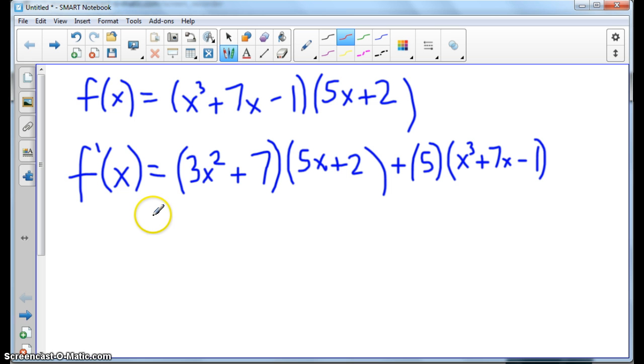So now we need to do a little multiplying here in order to simplify this a little bit. So we're going to start by foiling the first part of this derivative. So we have 3x squared times 5x, which gives us 15x cubed.